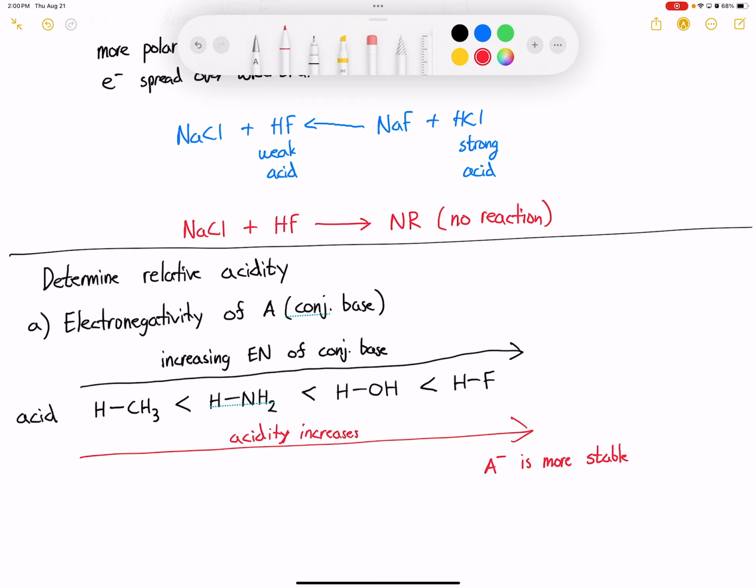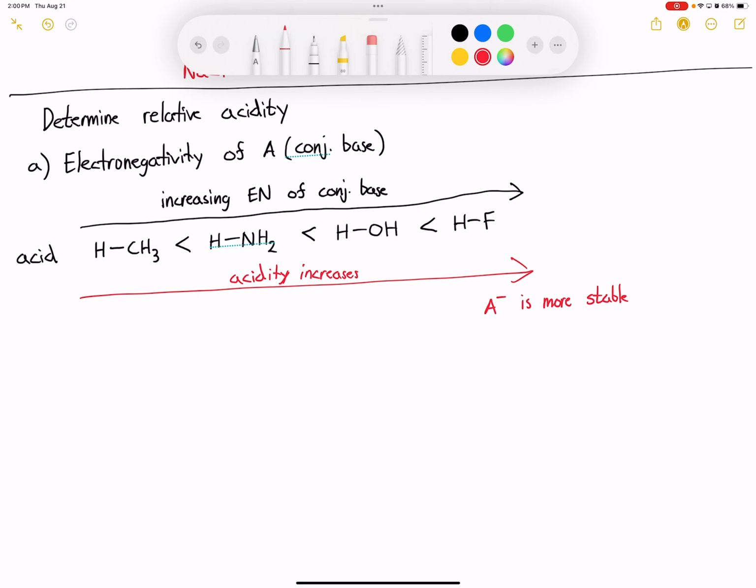All right. There's also a hybridization trend here. A compound can also be an acid, and there's a trend depending on whether the atom that bears the hydrogen is sp3, sp2, or sp.